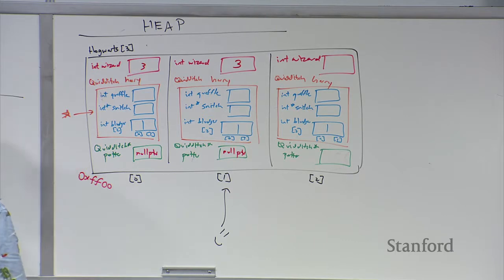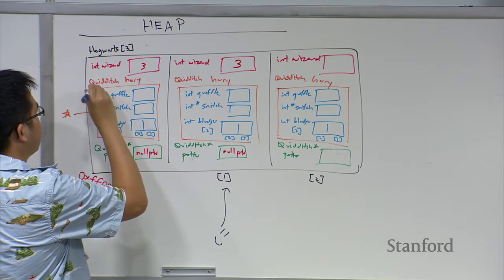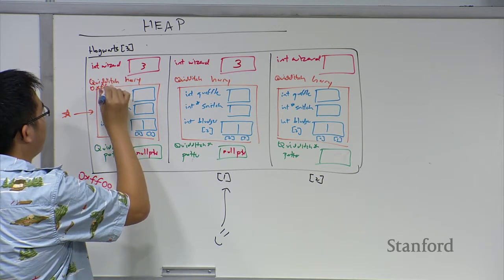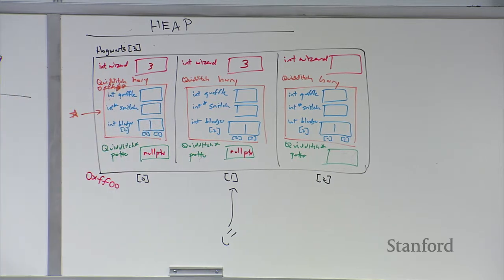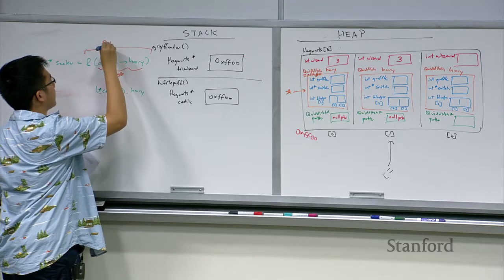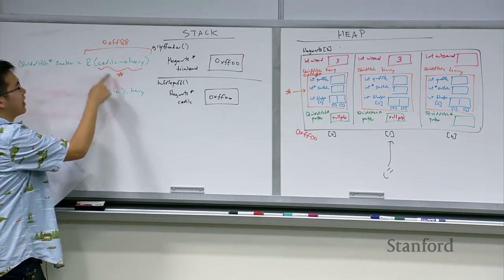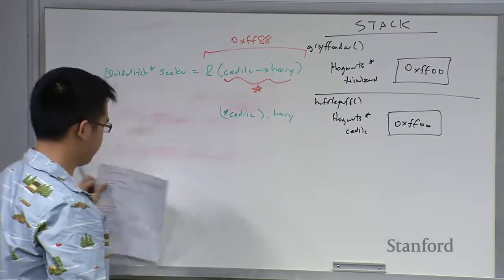We haven't given it any address yet, so let's just say, for example, it has address 0xff88. Okay, so this orange thing has address 0xff88. So this thing is now 0xff88. Right, we're saying what the address of the thing in star is, and that's 0xff88.